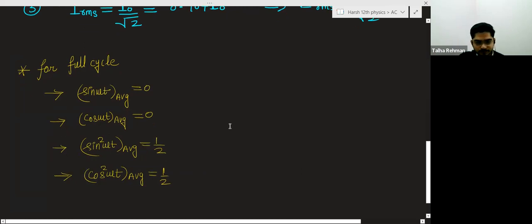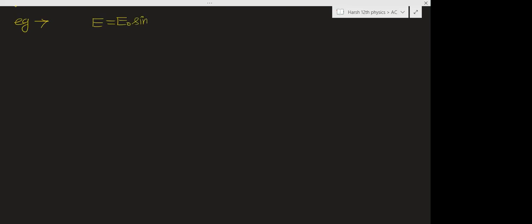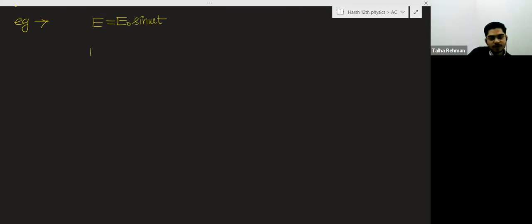Now, see, what is the equation of the EMF we have? E is equal to E naught sine omega t. I want the average value of EMF for full cycle. So this is E naught sine omega t, and I want the average of this for full cycle.